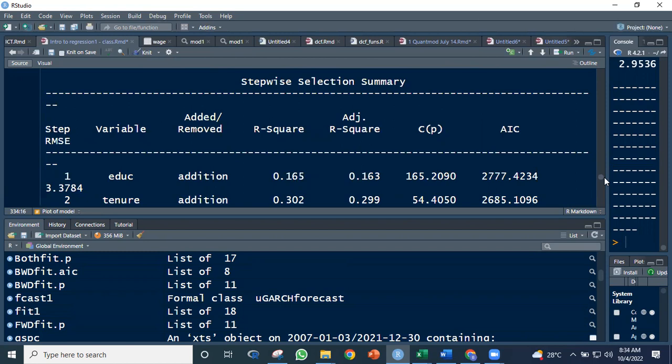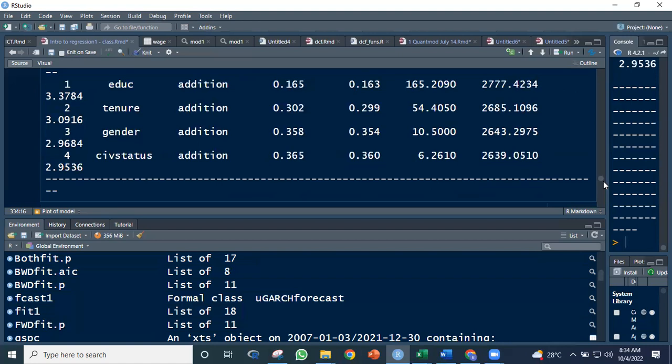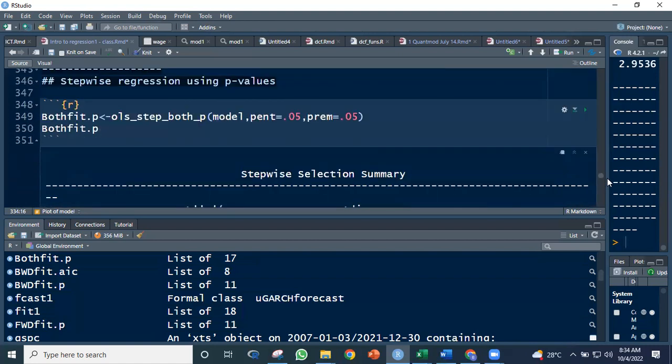It's the same in backward. If you remove a particular variable, it can no longer be put back. In forward, we add one by one. Once you add a variable, it's no longer removed. With both, you can add a variable, and you can also remove it. So that's the difference between both, and forward and backward.